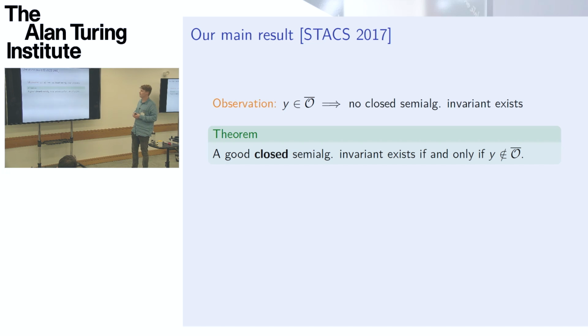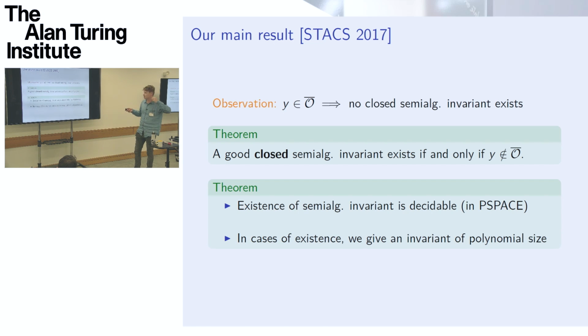I like to see it as a math result that just says there exists a semi-algebraic invariant, but our proof is constructive, and it gives some results about decidability and the size of an invariant representation.